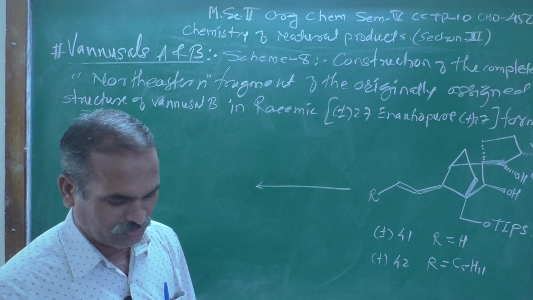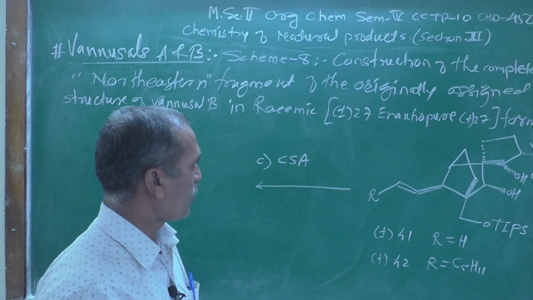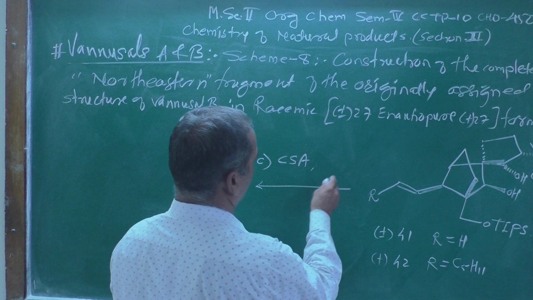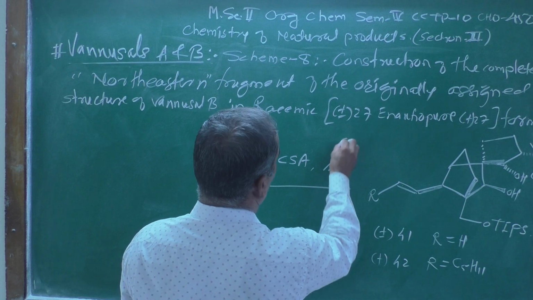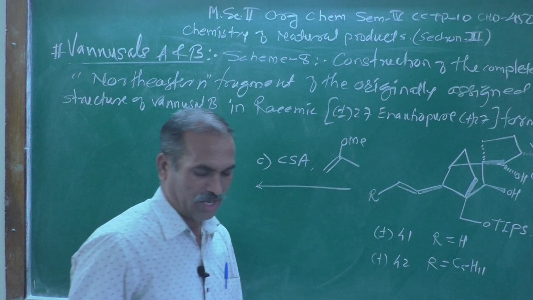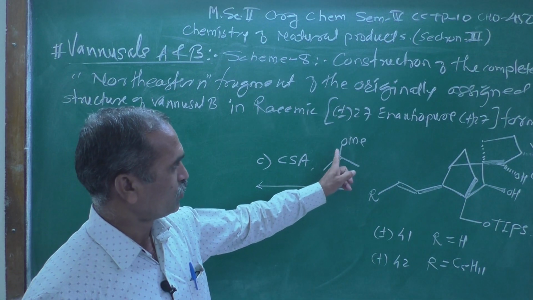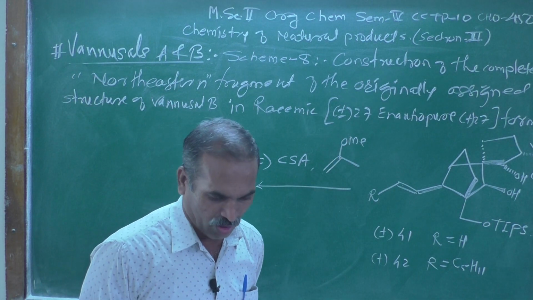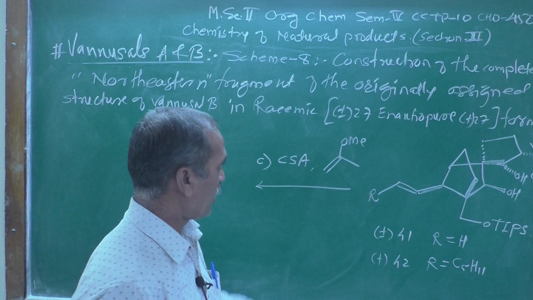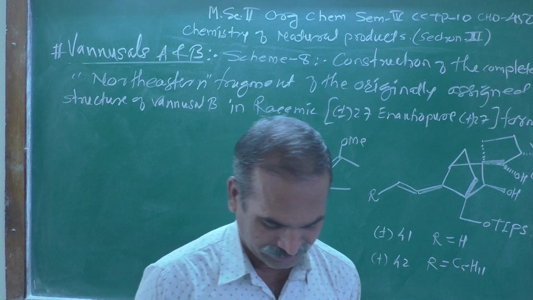The reagent I am going to add here is CSA, camphor sulfonic acid, and then 2-methoxypropene with the double bond and OMe. That is the name of this compound, and CSA stands for camphor sulfonic acid.